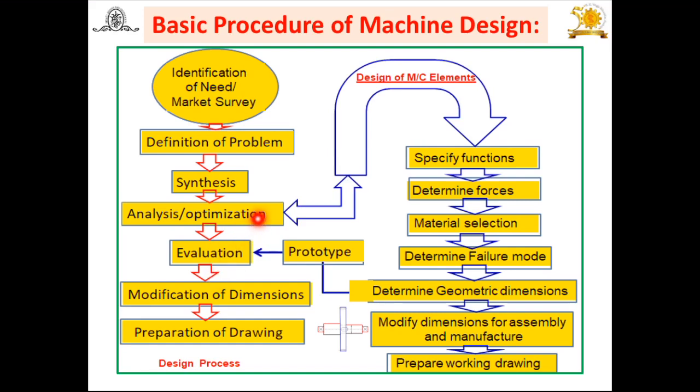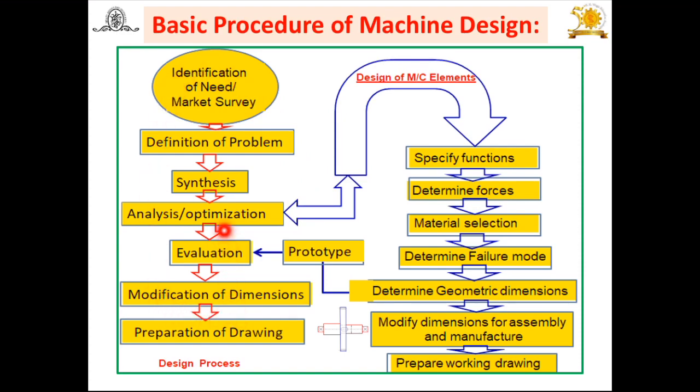After designing that system or configuration, its evaluation is done, maybe by using analytical tools, maybe by prototyping some model and carrying out tests on it. After testing, modification in dimensions if required is carried out, and then final preparation of the drawing, or production drawing.